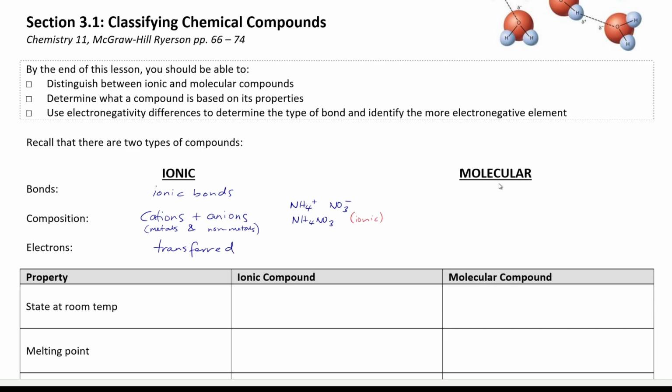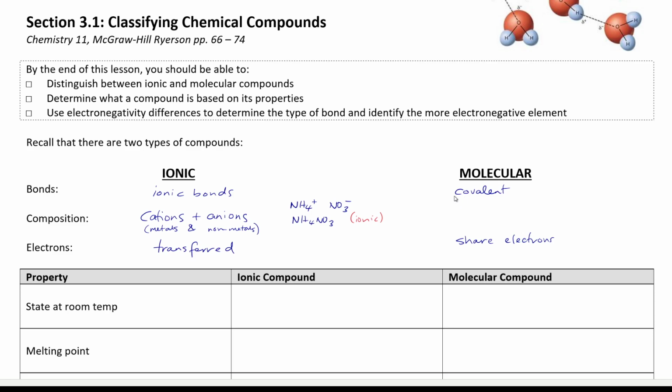If we look at molecular compounds, they are bonded with covalent bonds, and covalent bonds means that they are sharing electrons, and that name covalent directly means the sharing of electrons, because if you are, for example, a co-editor, you are sharing the responsibilities of the editor position.